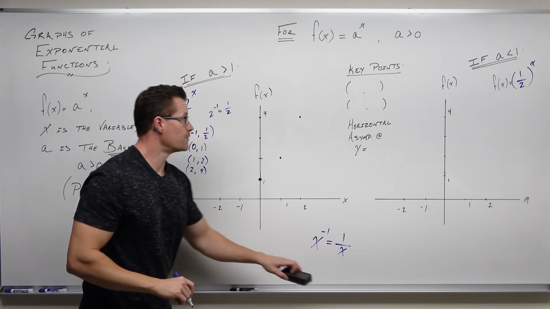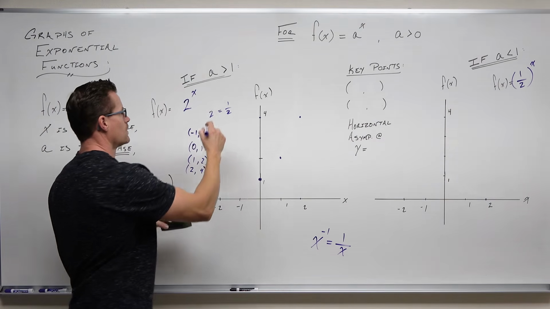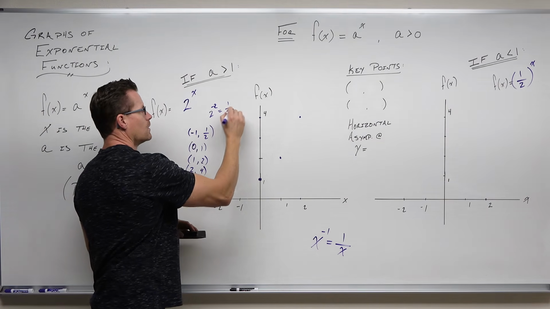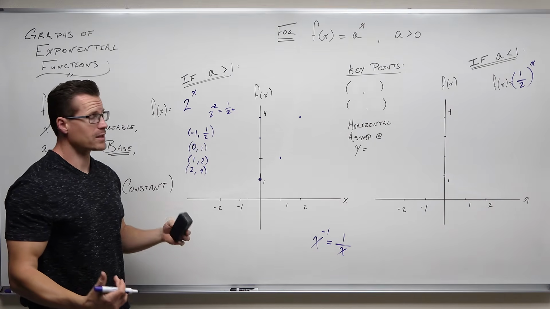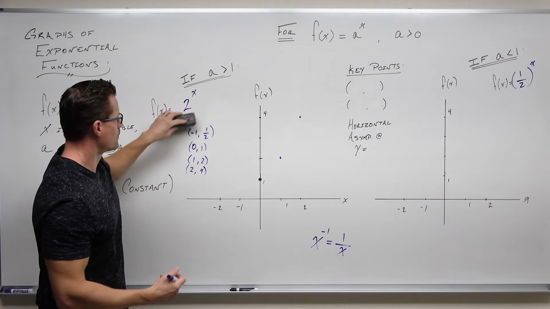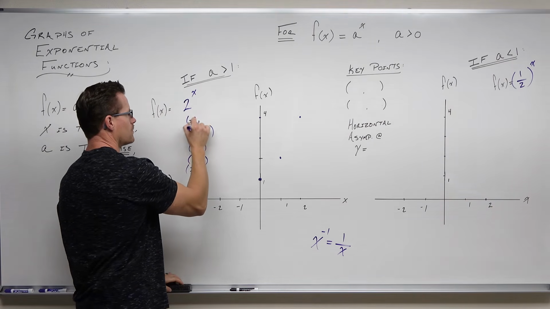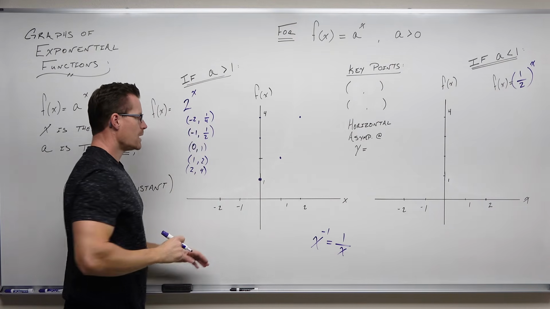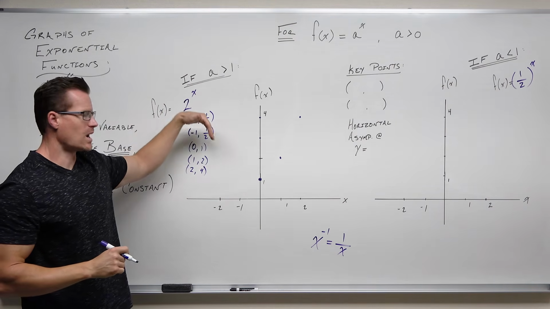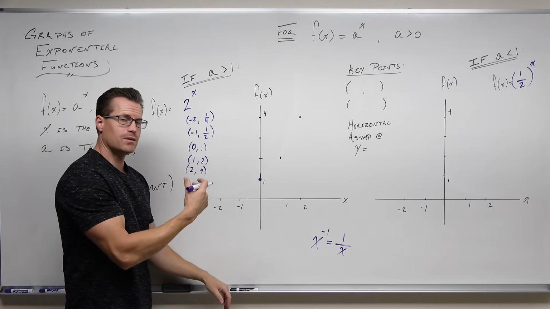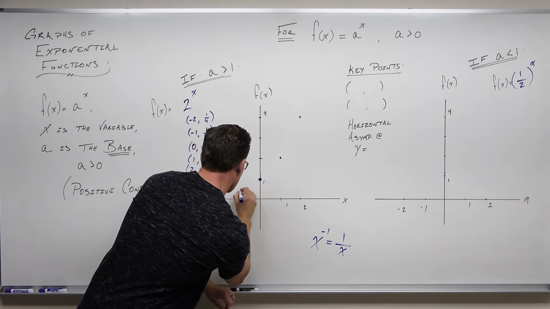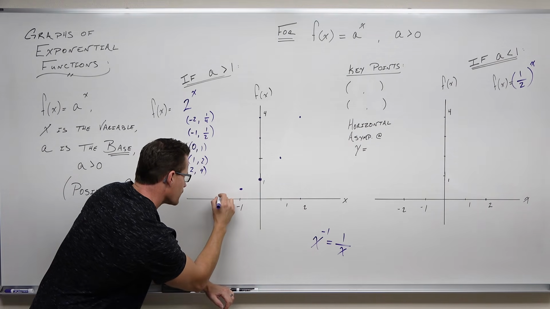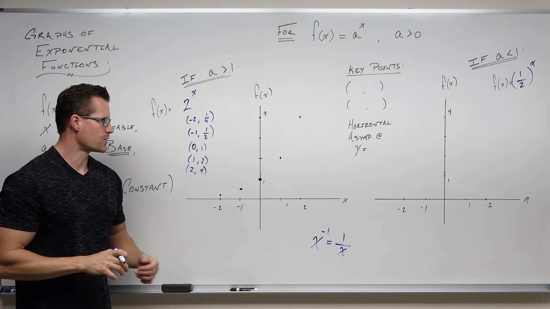And 2 to the negative 2 would give us 1 over 2 squared. Well, that's 1/4. And so we don't climb back like a parabola. We don't get negative. We get these values, positive 1/2 and positive 1/4.